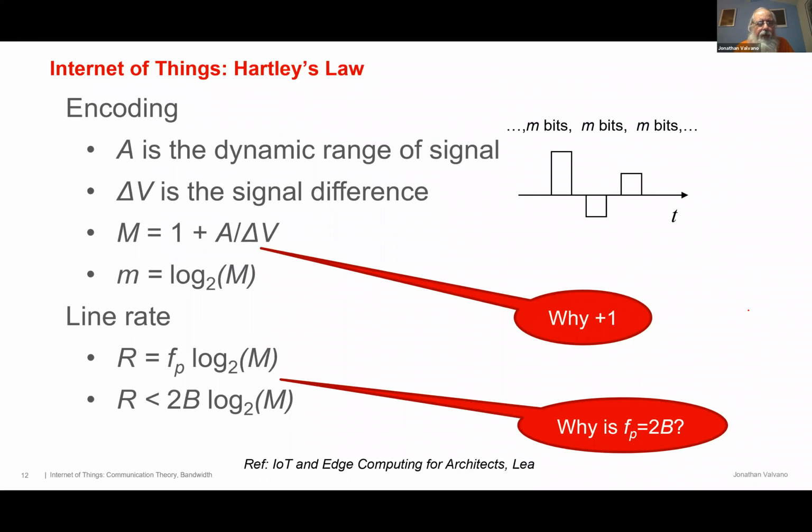If I take the dynamic range of the signal, and this could be phase or voltage, depending upon how you're encoding, you divide it up into delta V spots.